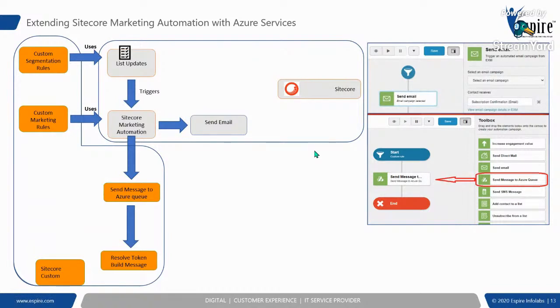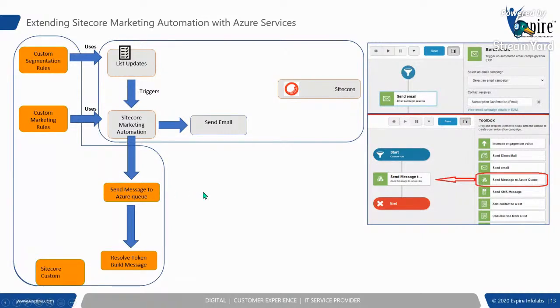So what we thought, to use the Azure functionalities, what we have done is send a simple message to an Azure queue with some information about the customer and the action that we want to take from that particular action.